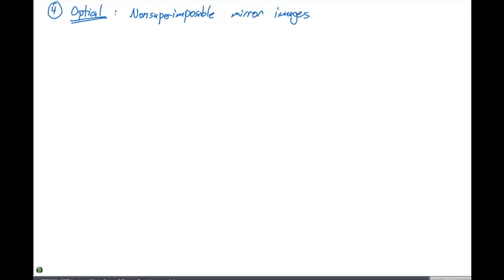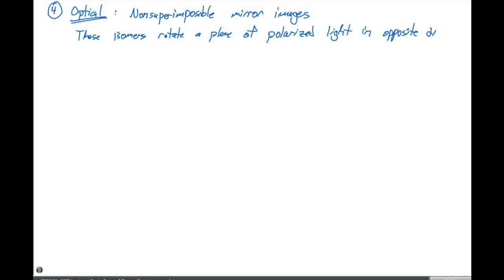And what happens in optical isomers is these isomers rotate a plane of polarized light in opposite directions.